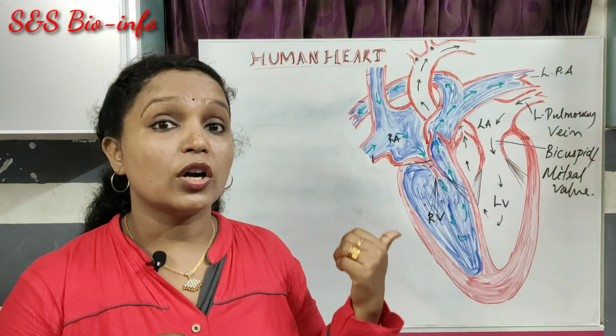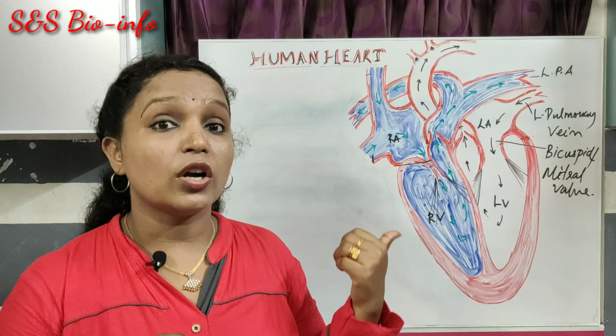Next, let's understand the anatomy, the internal structure of human heart. Here you can see the cross section of human heart. Human heart has 4 chambers, 2 atria or auricles and 2 ventricles. So here you can see the 4 chambers.